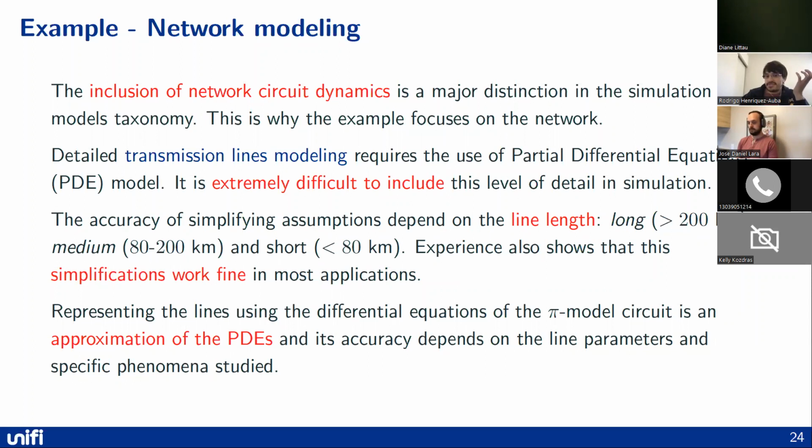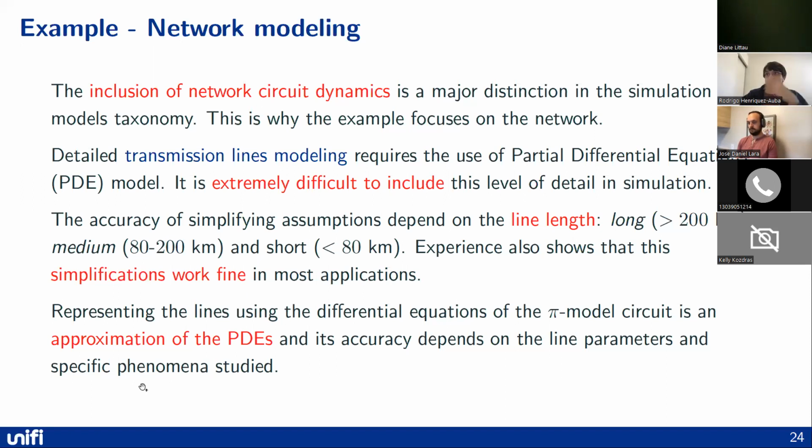In general, the simplifying assumption for transmission line modeling is on the line length. For short lines, it is common to assume that you don't need to model the shunt components, so the distributed parameter model exactly reduces to an RL circuit.